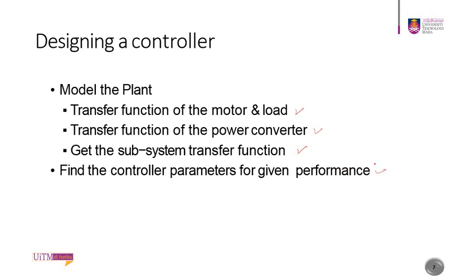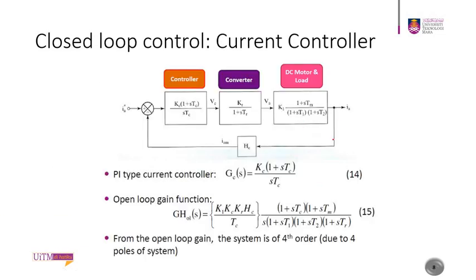The current controller will look like this. We will try to explain within the controller, the converter, and the DC motor and load. This will be the current controller that we will use as an example.